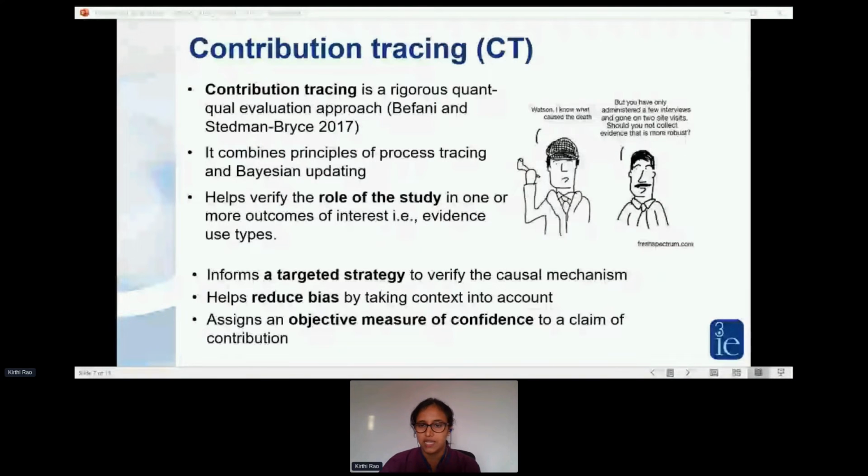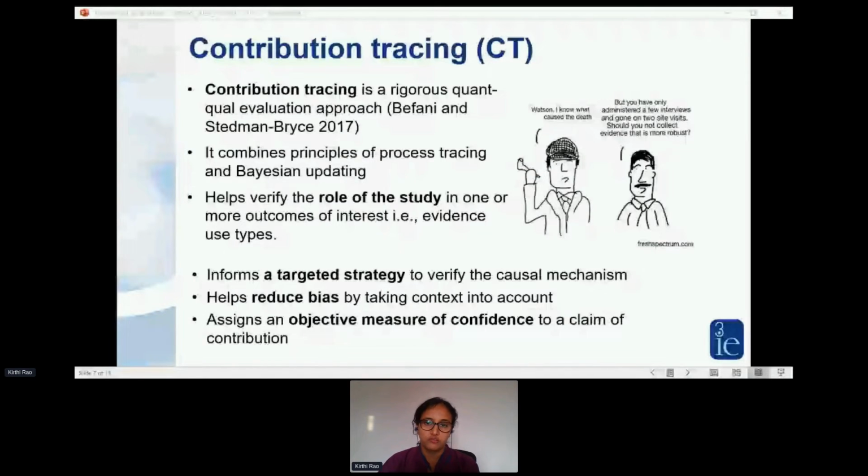Contribution tracing, as presented by Befani and Stedman-Bryce, among others, is a multi-step quali-quant mechanism-based evaluation approach that combines the steps of process tracing with Bayes' theorem, with Bayesian updating, to provide a measure of confidence in whether decision makers actually use the evidence and how it contributed to discussions or decisions.